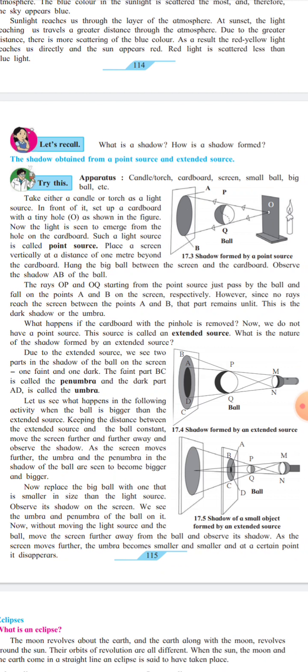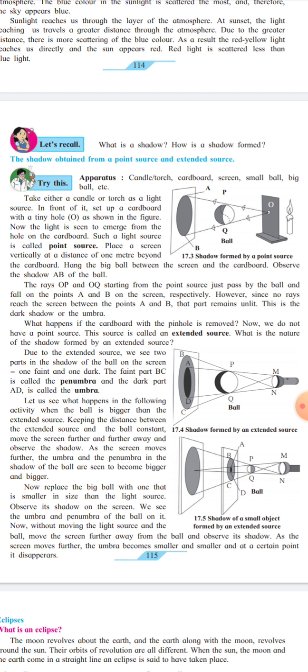But if any object is placed in between the source of light and the screen, the light rays get absorbed or obstructed by the object, and as that part of the screen does not get illuminated, it remains dark. This dark part is called the shadow, and as you know, shadow formation takes place only by an opaque object.